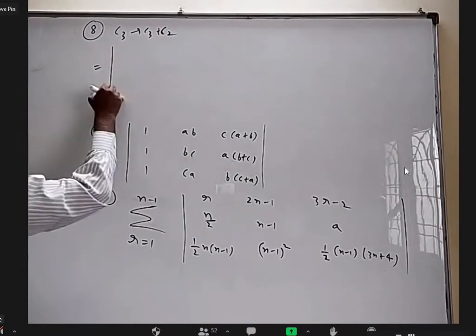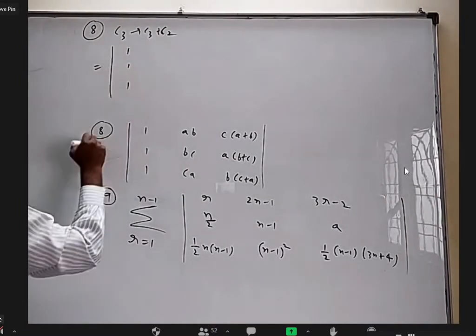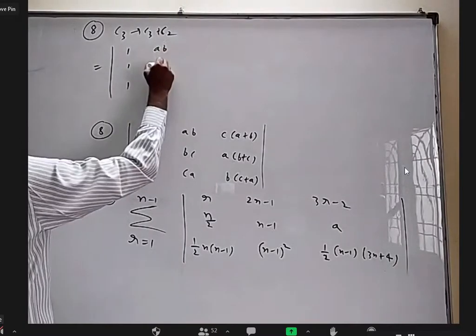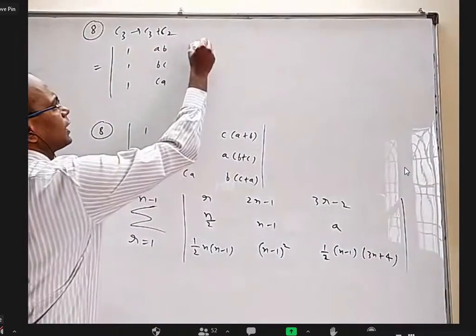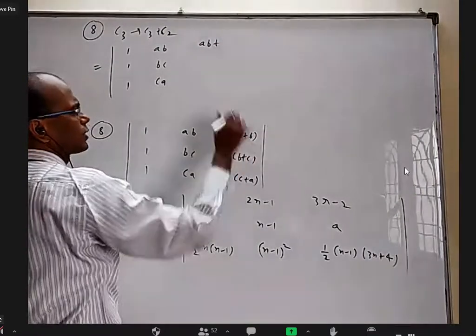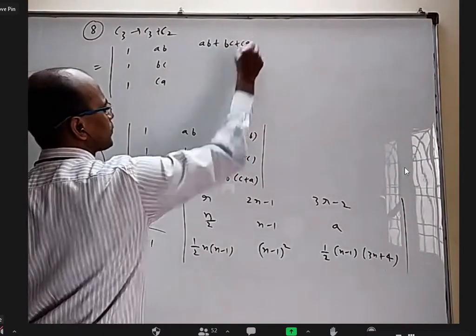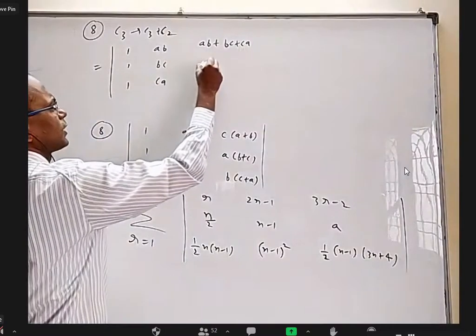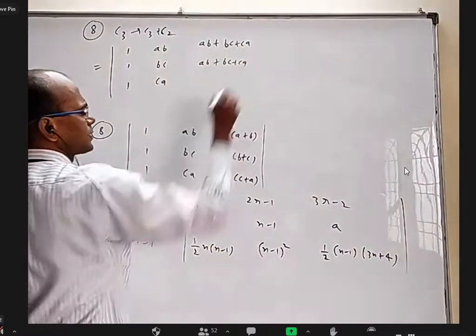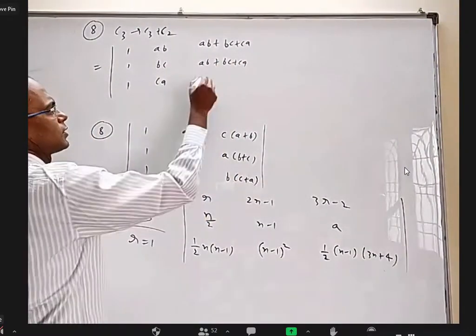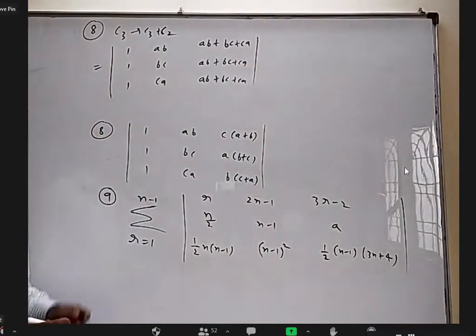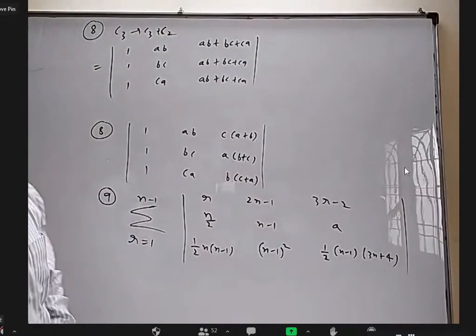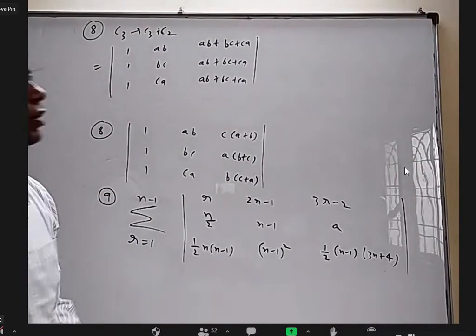Then the given determinant will become 1, 1, 1 as it is, AB, BC, CA as it is. When I add, I will get AB, and here BC plus CA. Here also the same, AB plus BC plus CA, and similarly when I add these two, AB plus BC plus CA. Now, in any column, you can take any element common. So I'm going to take AB plus BC plus CA common.